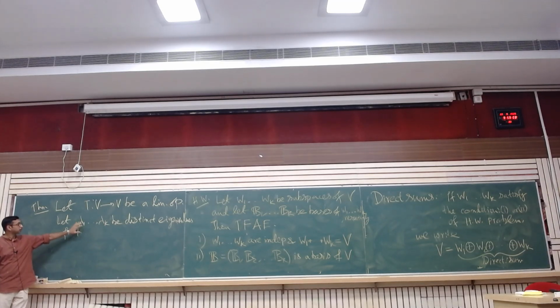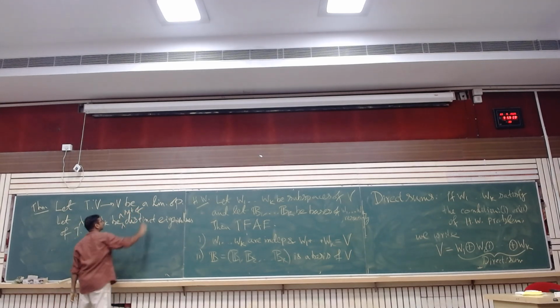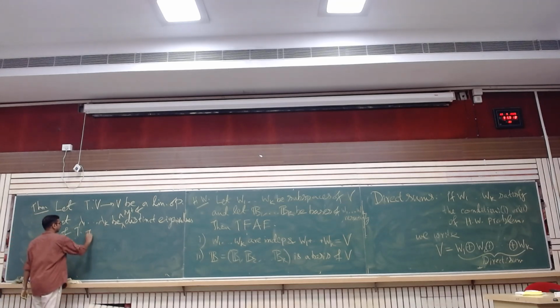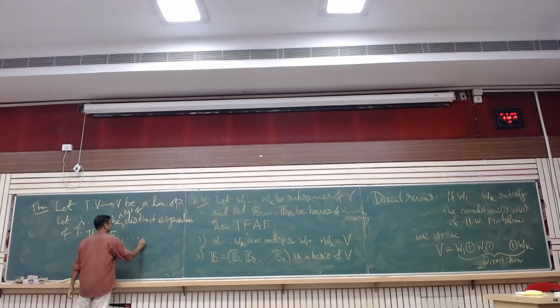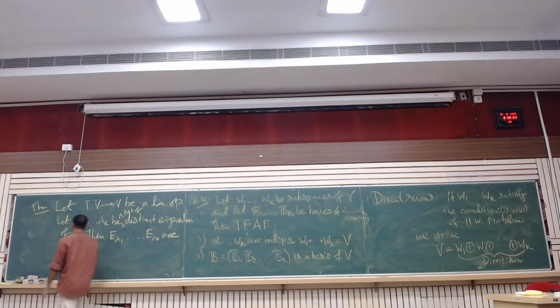Suppose this is a set of distinct eigenvalues of T. Then E lambda 1 through E lambda k are independent.